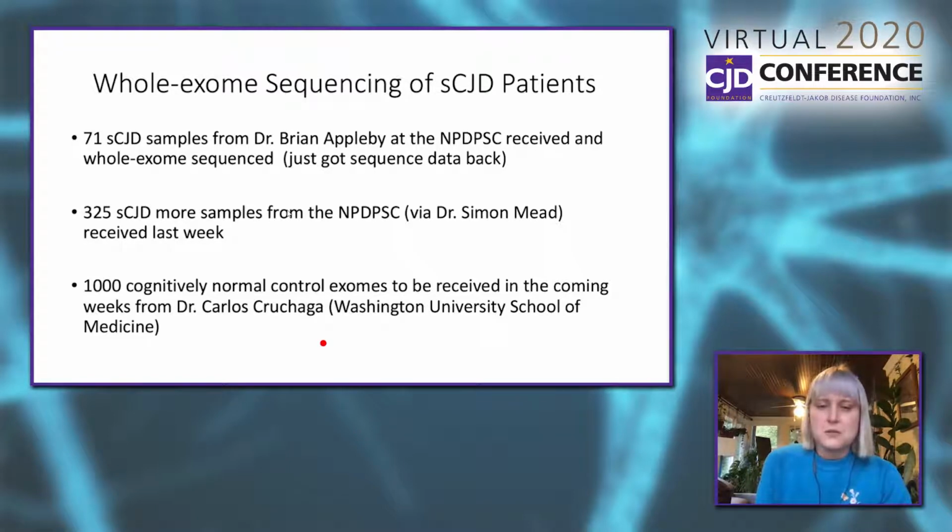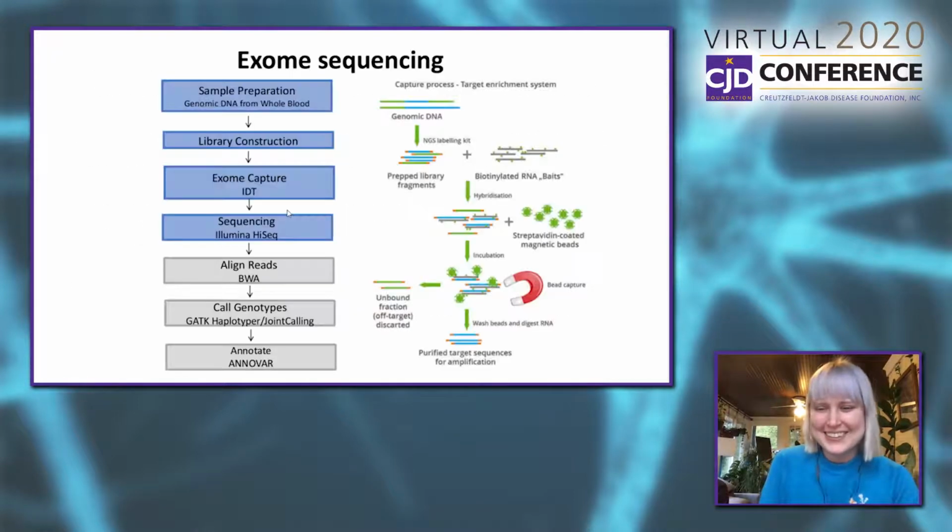We also have recently received 325 more samples that are also from the Prion Surveillance Center, but these were sent back to us from Dr. Simon Mead, who was using them as well. And we are getting 1,000 cognitively normal control exomes very soon from our friend and collaborator here, Dr. Carlos Cruchaga, who studies Alzheimer's disease, and that's why he has these samples just around.